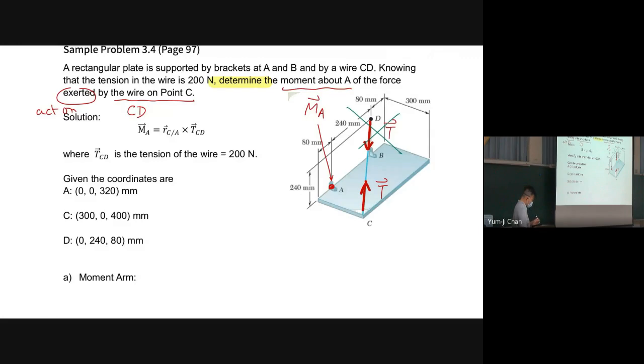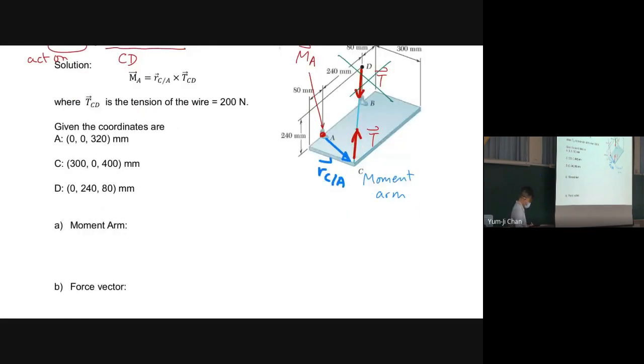Now the problem is quite clear. The point of reference is point A, and the force is acting on point C. Therefore, the moment arm goes from point A to point C. Right, and then the rest should be easy.